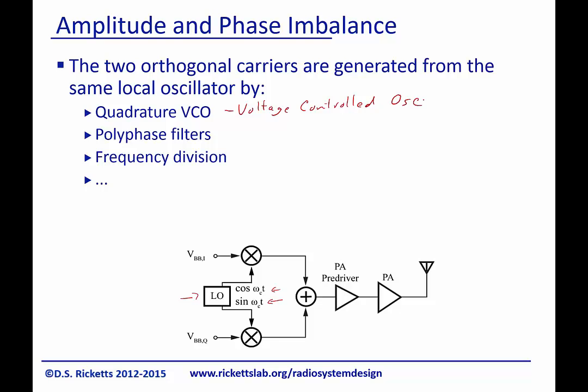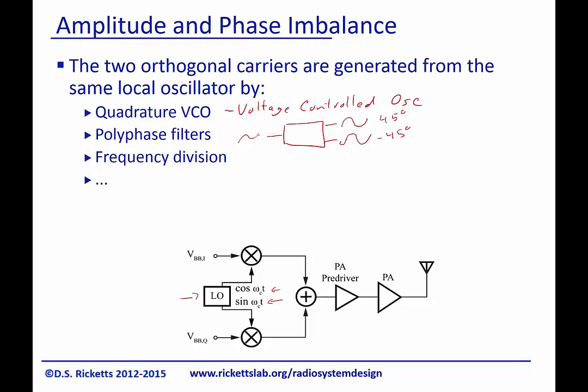A polyphase filter is just a set of filters that basically, you put in a sinusoid and it's going to output a sinusoid in phase and then a sinusoid that is out of phase. And it does this just by using LCs as a phase shifter to give us these two. Typically, this would be a 45-degree phase shift, and this would be a minus 45-degree phase shift from this original signal here. And they can also be done through frequency division and a number of other means.